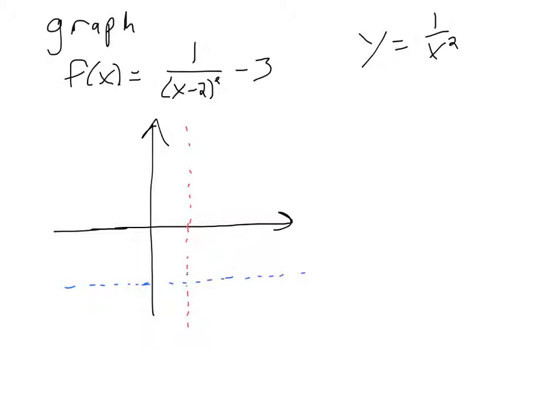It's going to go off to positive infinity here, and do the same thing over here. So it'll look something like that, just shifted over to the right 2 and down by 3.